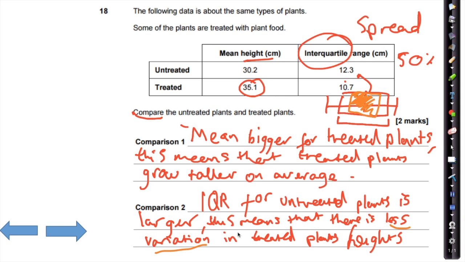So there is less variation in treated plants' heights. So 1 mark for each comparison, but you don't get anything if you aren't actually interpreting it beyond the superficial mean is bigger, interquartile range is bigger. Okay, so we need to say what that actually means about what this guy's talking about here.